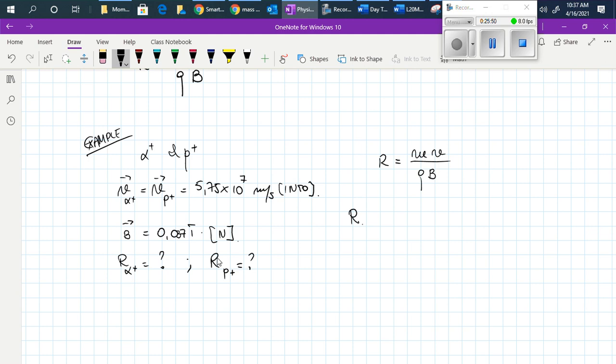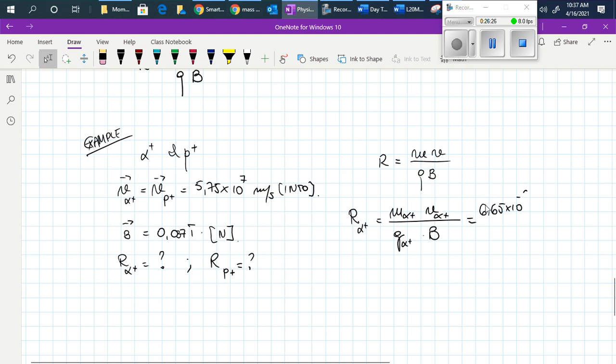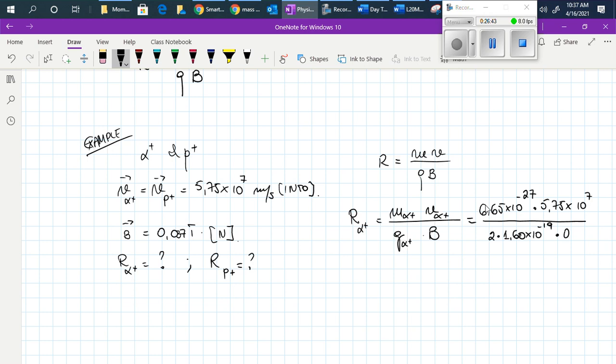Now, when we are calculating the radius of the alpha particle, it will be the mass of the alpha particle, velocity of the alpha particle, over the charge of the alpha particle times B. The mass of the alpha particle, let me check it so that I don't make the same mistake as I did with the proton, is 6.65 times 10 to the power of negative 27, times 5.75 times 10 to the 7, over the charge of the alpha particle, which is 2 times 1.60 times 10 to the power of negative 19, times 0.037 Tesla.